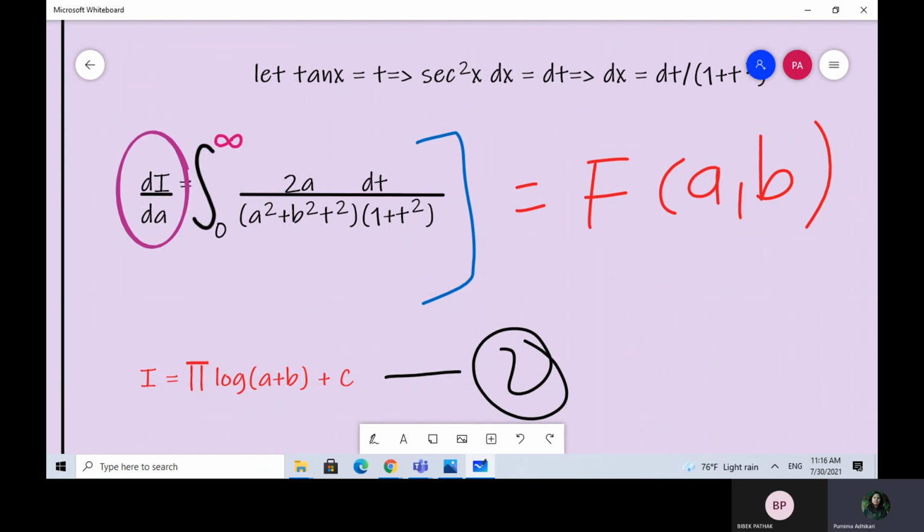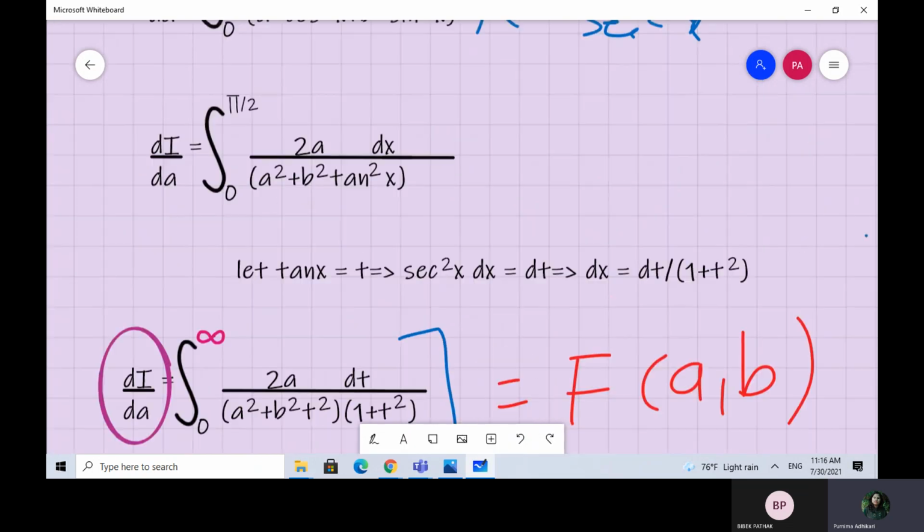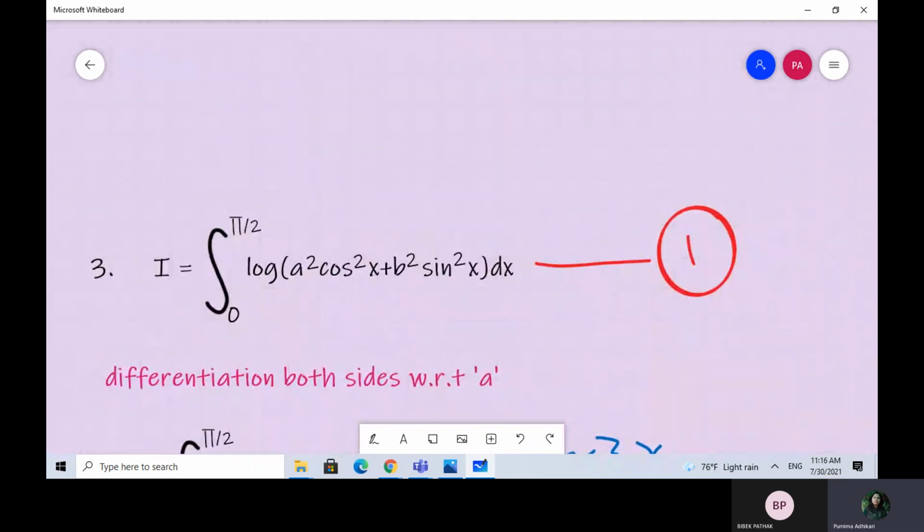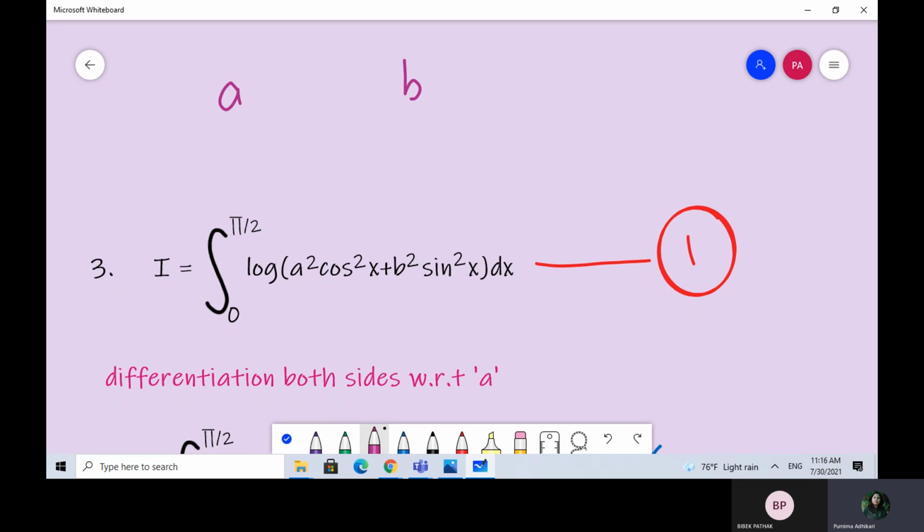I equals pi times log a plus b plus c. Now you have to evaluate this value of c. So कसरी evaluate गर्ने? Let's look at equation number 1. Okay, tell me. You will tell me how. A ला assume गर्ने कि B ला assume गर्ने कि दुवैलाई assume गर्ने? What will you do?